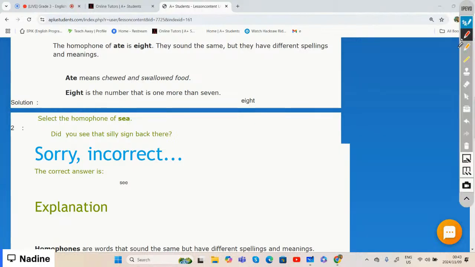See. What is another word the same as see? SEA. It says, did you see that silly sign back there?